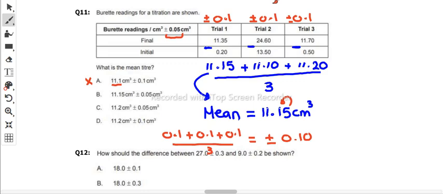Continuing with B, the average is given in a correct answer, but the problem is in the plus minus uncertainty, so another time this is incorrect. For the C, it is 11.2, which is the rounding of the 11.15, but the problem is in the absolute uncertainty. So the best answer is 11.2 plus minus 0.1, which is the D answer.